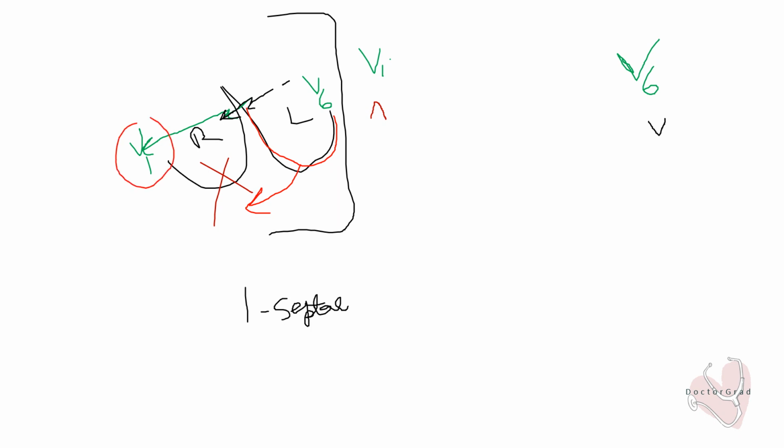So V1 is looking at this. The second part of this QRS is ventricular depolarization, and in RBBB, the left ventricle depolarizes first. Everything we are talking about here is in terms of RBBB.